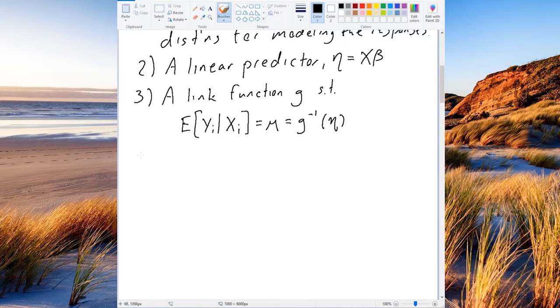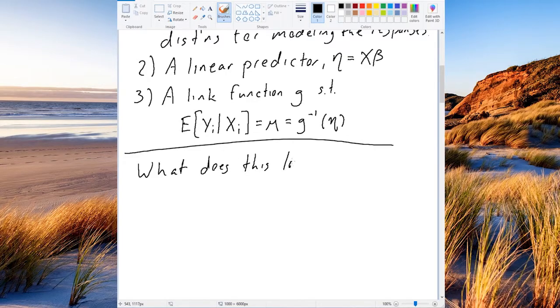So what does this look like for binomial regression? Well, first of all, we need our probability model.